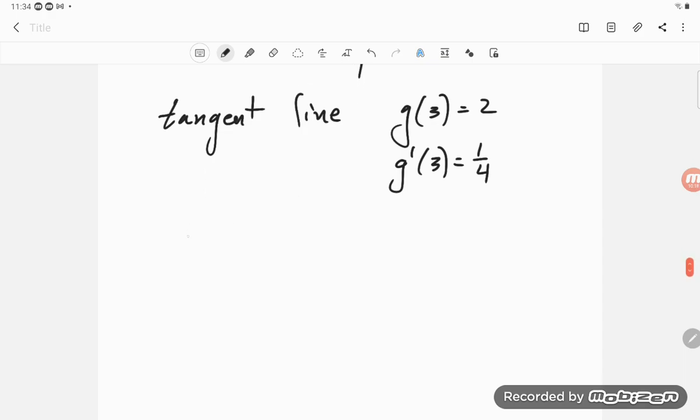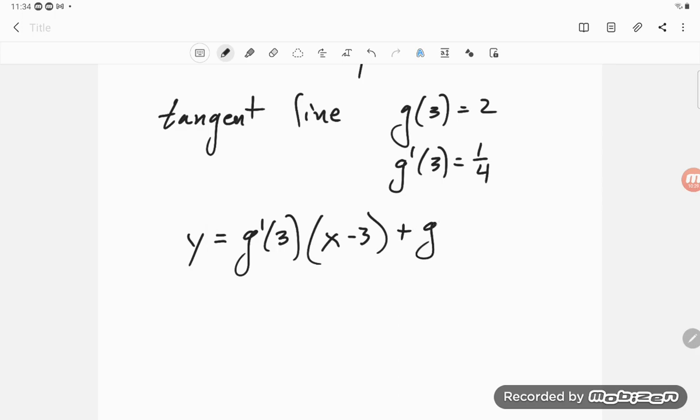And so I could do a tangent line y equals g prime of 3 times x minus 3 plus g of 3. And so I get 1/4 times x minus 3 plus 2. So again, if I know all those quantities, I can get the tangent line very easily. All right, so that is example 5.